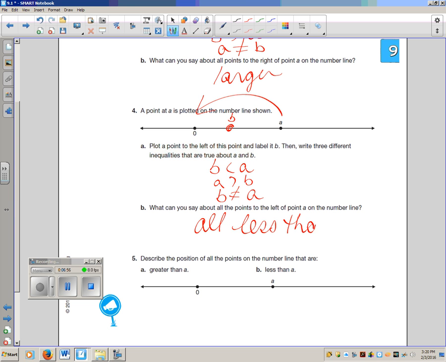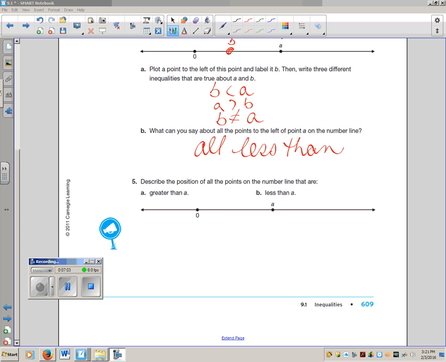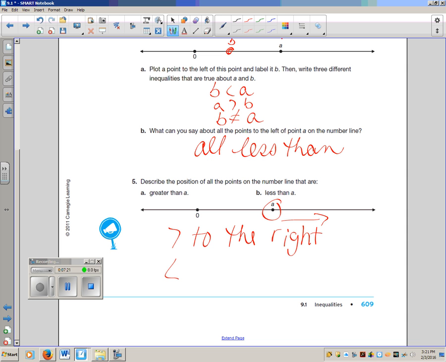They're all less than. Number 5, describe the position of all the points on the number line that are greater than A. What direction are they? They are to the right. So greater than to the right. All the points less than A are going to be to the left.